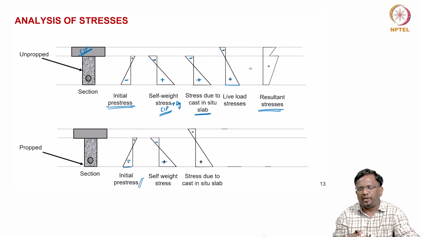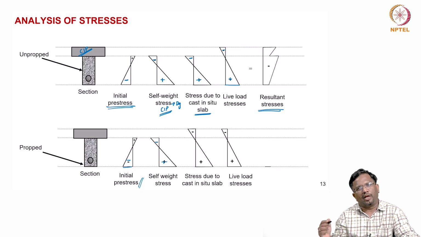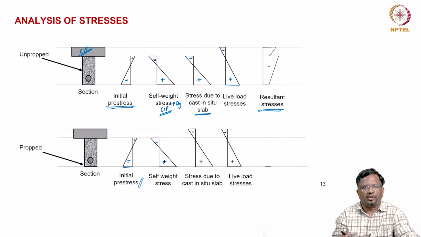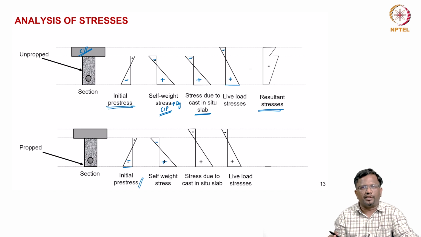So, this is the only difference between the propped condition and the unpropped condition. And live load, anyway, when it comes, the age of the cast in place concrete will be much higher than 28 days. So, the entire composite action will ensure that the live load is getting transferred.